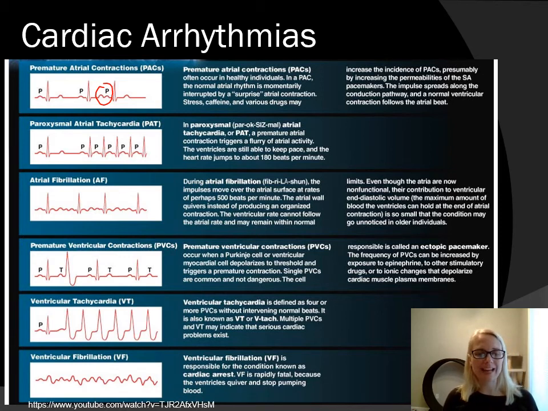Paroxysmal atrial tachycardia is when a premature atrial contraction triggers a flurry of atrial activity, but the ventricles are still able to keep pace. So you have your regular rate, and then you have a whole bunch of your SA node firing, and your atria are firing, and then your ventricles are firing right after.